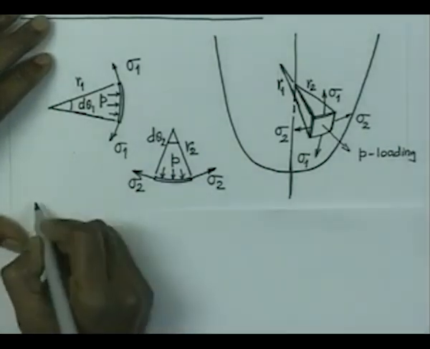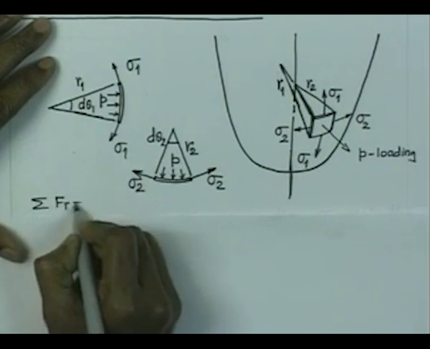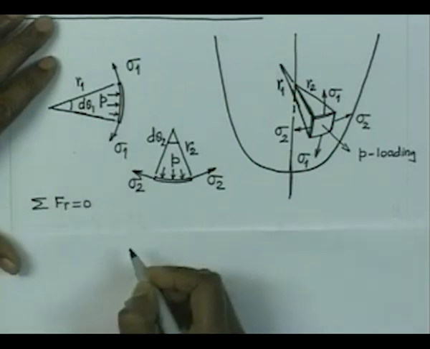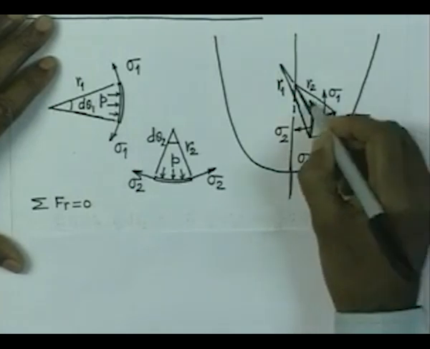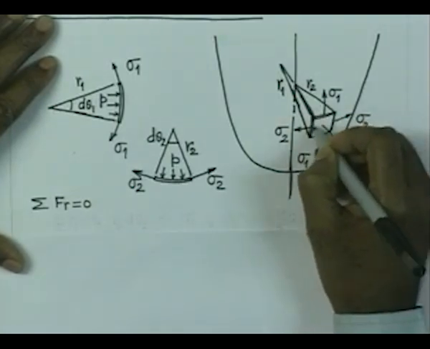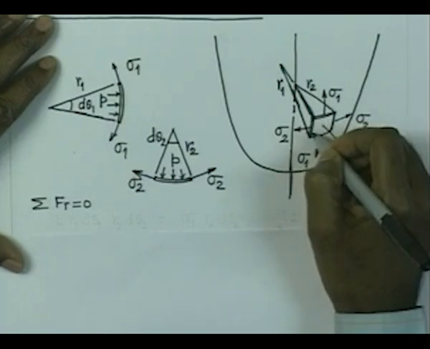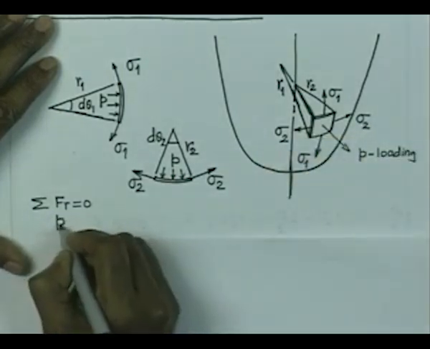So, if we try to sum up the forces in the radial direction, so if I now try to take this area, this length is nothing but R2 d theta 2, and this length is R1 d theta 1. So, therefore, the total area we can take approximately to be R1 R2 d theta 1 d theta 2, and the pressure P is acting radially outward.